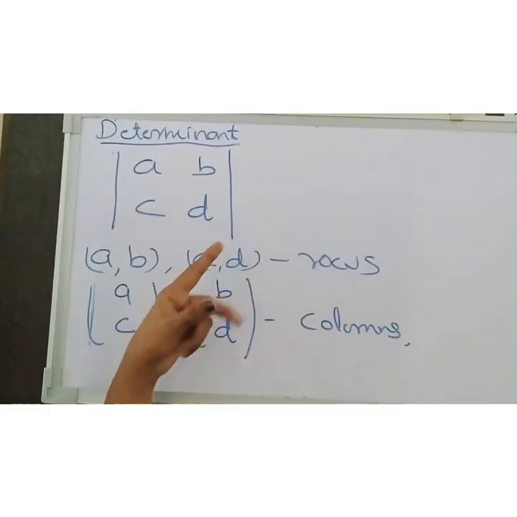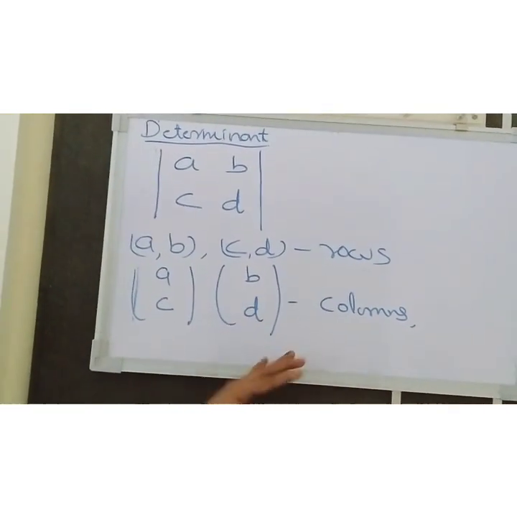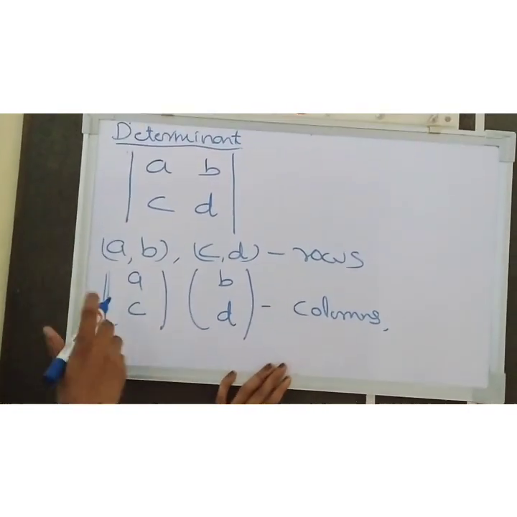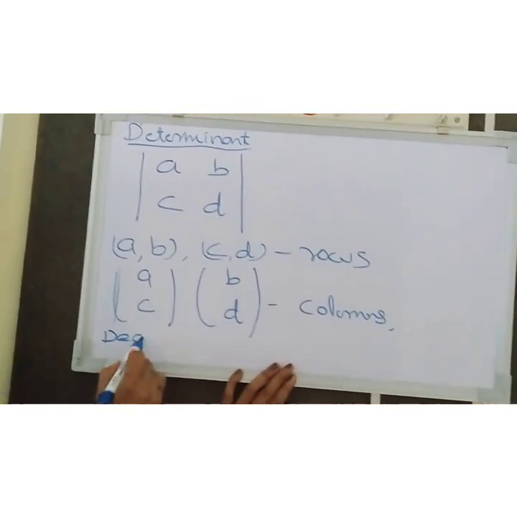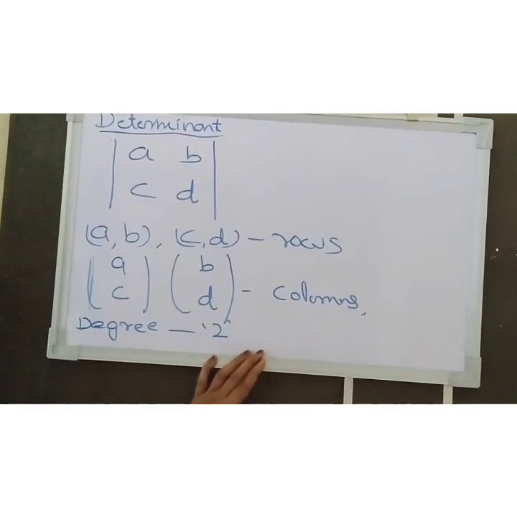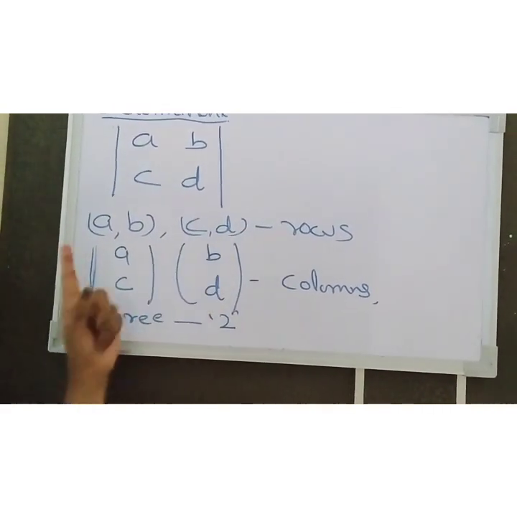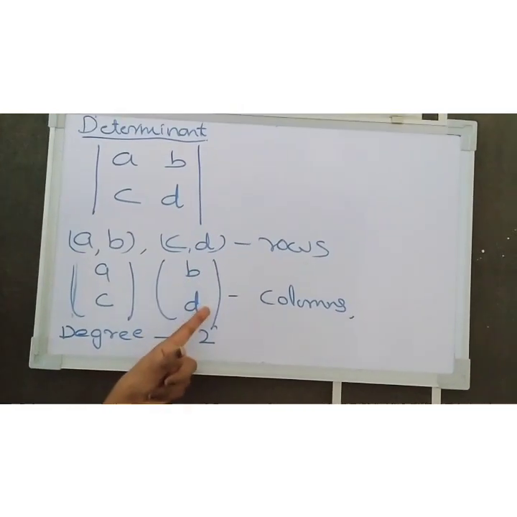The degree of the determinant is 2, because there are two elements in each row and two elements in each column.